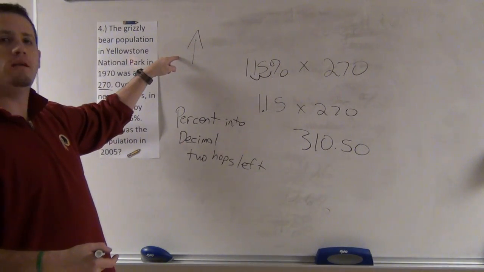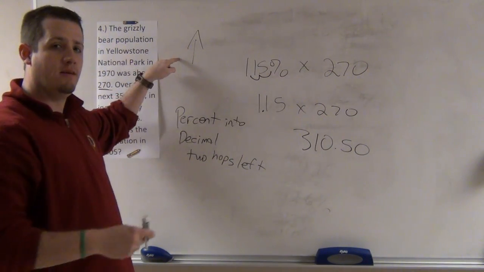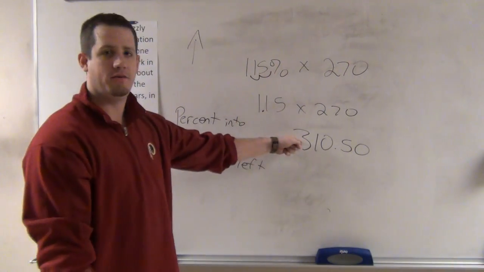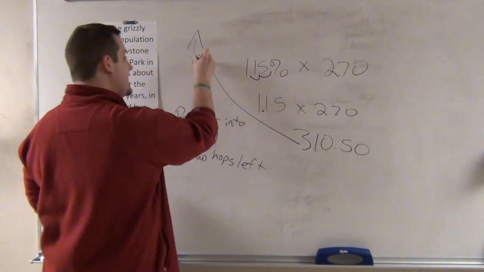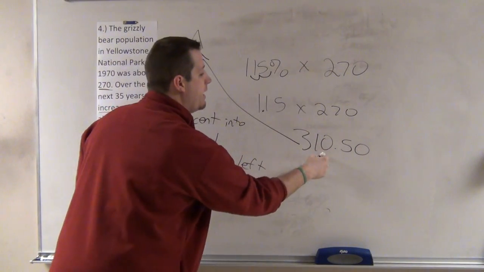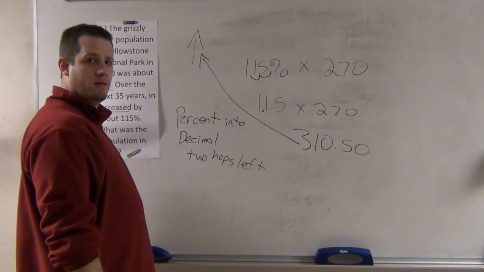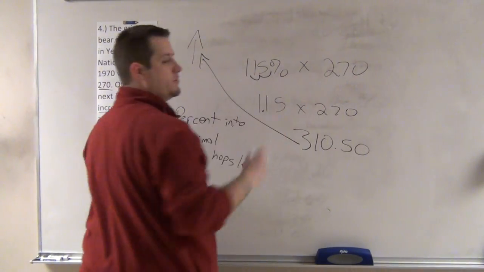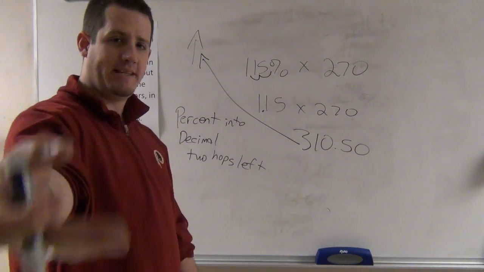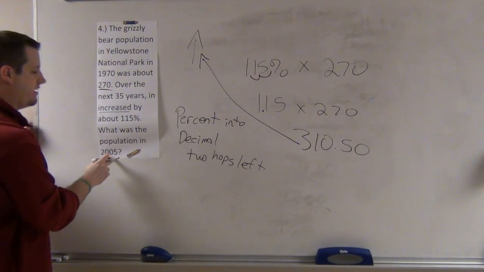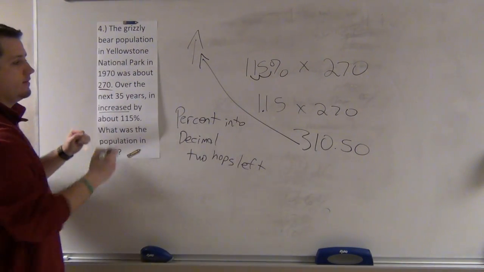What does that represent? An increase. An increase of what amount? That amount. So if this is an increase of that amount, what do I need to do with this? I need to add it to my original amount, and then that would tell me what the population was in 2005, because it's an increase.